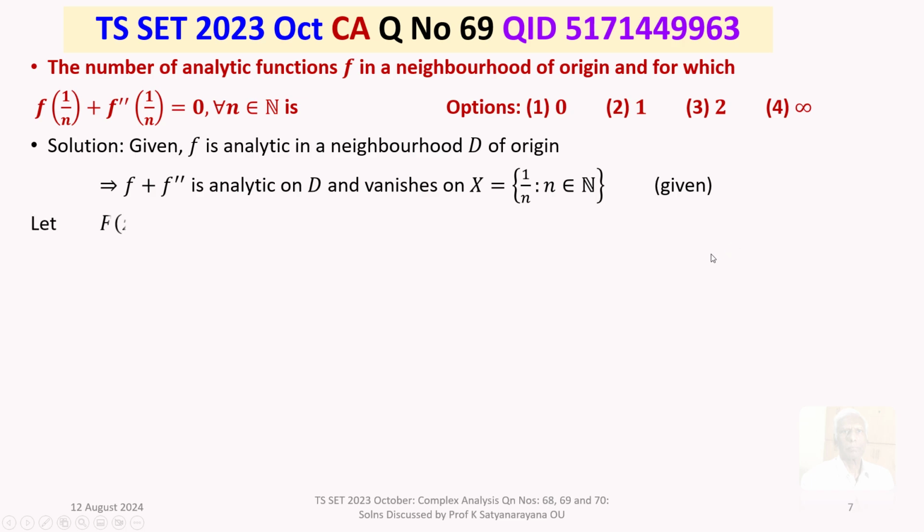Agreed. Let capital F of z be f of z plus f double prime z. Let us take a new function, capital F of z, and G of z is the 0 function.